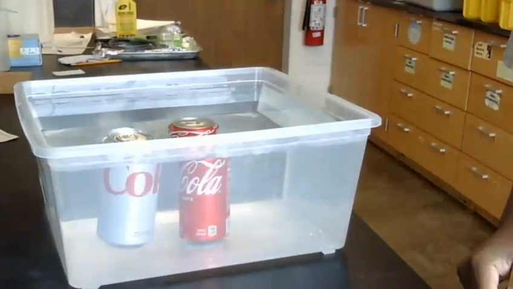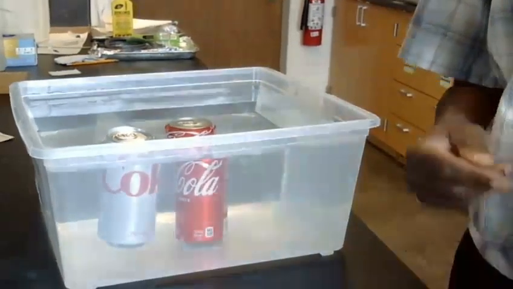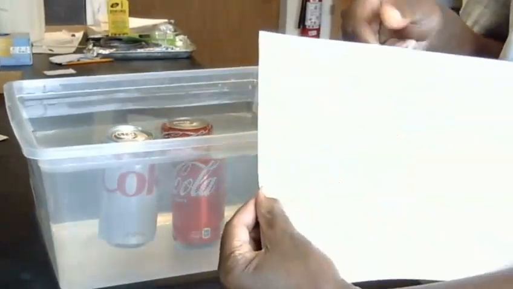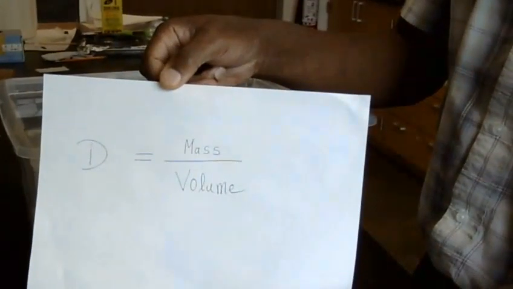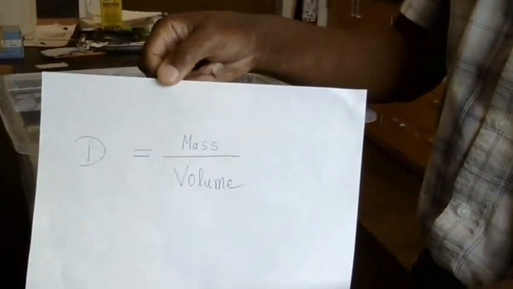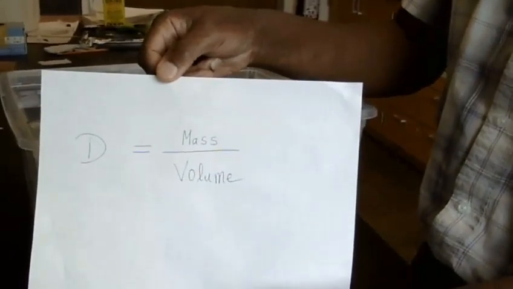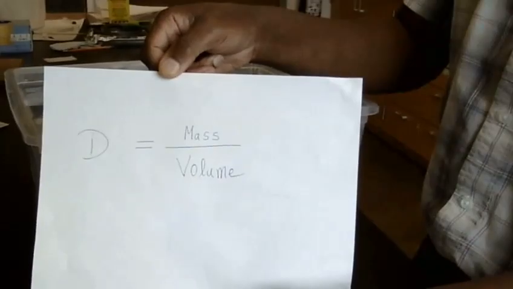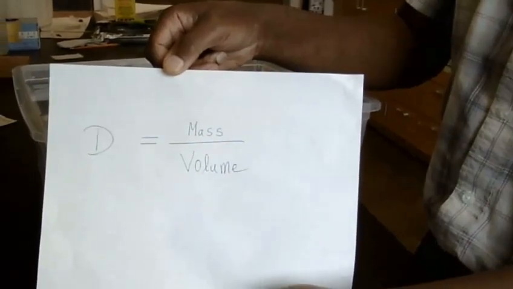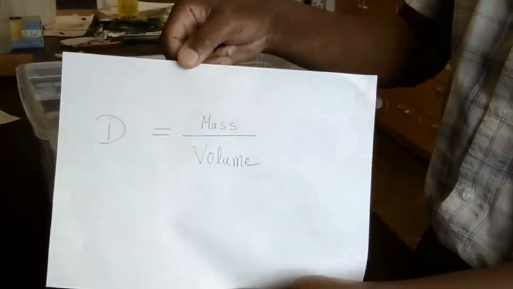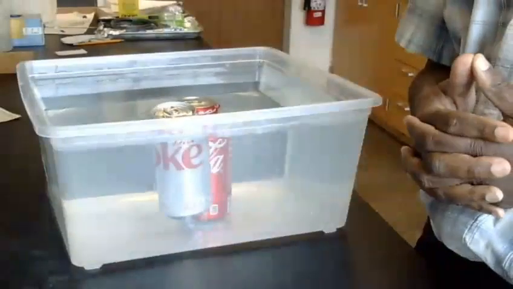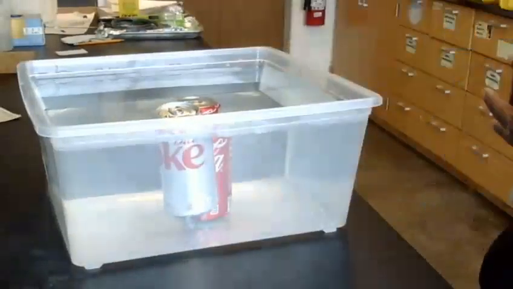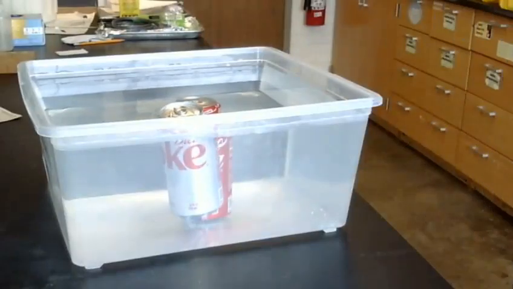And remember what we covered earlier. We talked about the density of any substance. Density is defined as the mass over the volume. If the volume is the same, the densities must be different. One sinks in water. Water has a density of 1.00 grams per milliliter.